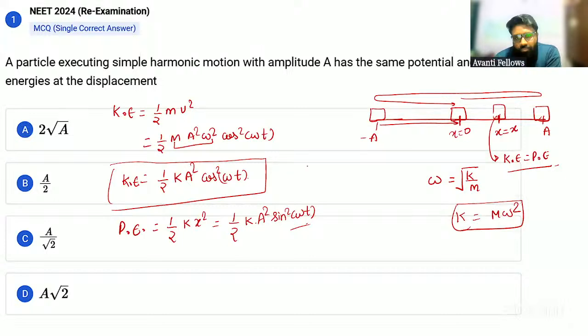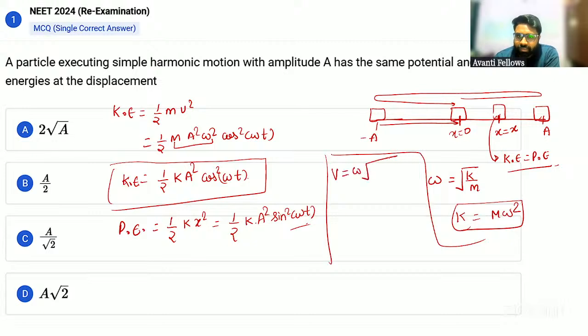And there is one more formula, for velocity in terms of displacement. This would be given by omega root of a square minus x square. If you remember this formula, it would be very easy for you to solve this question. Okay. Put this in place of v.